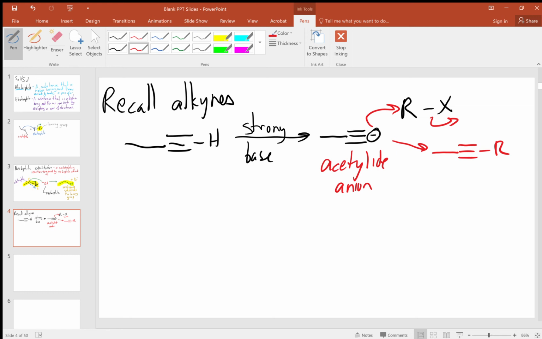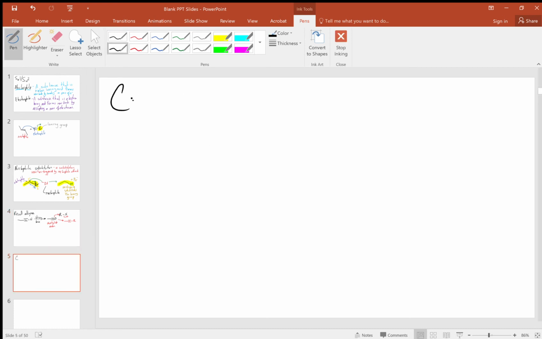Now, one of the things that complicates these substitution reactions is competition. So we're here talking about nucleophilic substitution, but it turns out there's a competing pathway. And with any alkyl halide, or as we'll learn later on, anything with a leaving group.